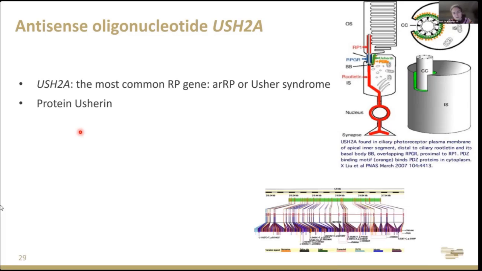This is an RNA treatment which is meant to treat specific mutations of USH2A. USH2A is encoding a protein called usherin that is, as I said before, a cellular protein important for the maintenance of the cell structure.